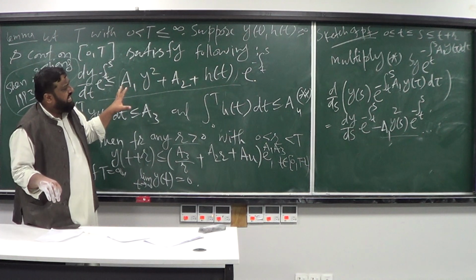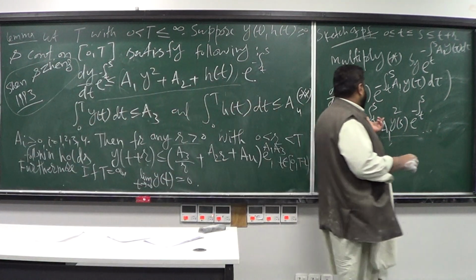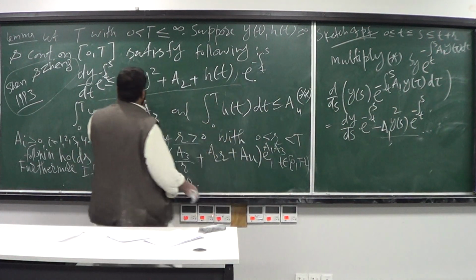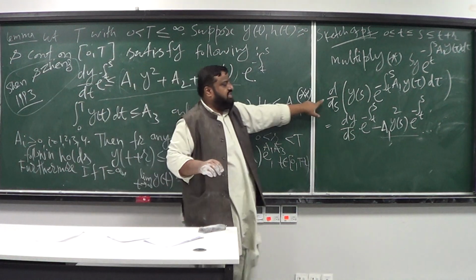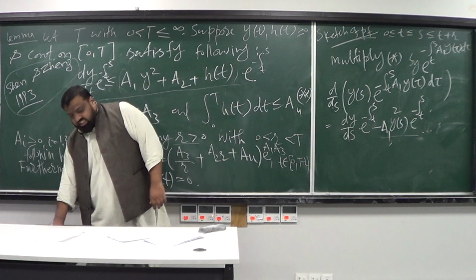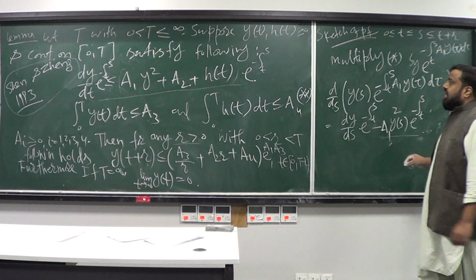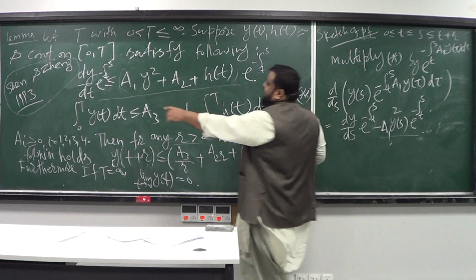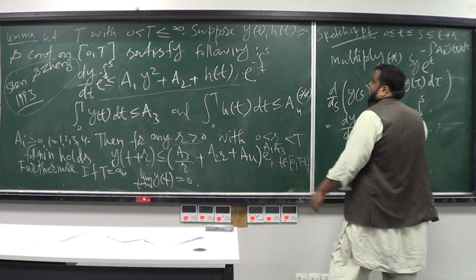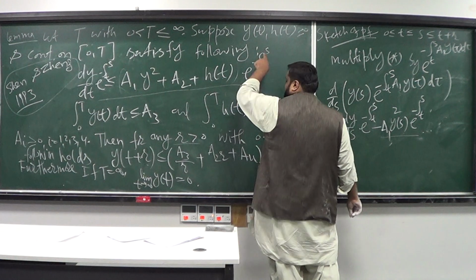In other words, this term minus this term is equal to this term. Okay. So what would be the end result? These two terms will be put together into this single term, and the remaining is going to be this e to a2 plus h of t minus e to this integral.